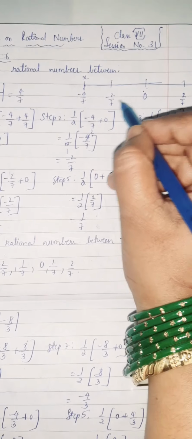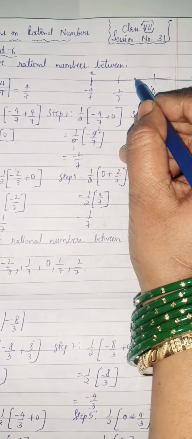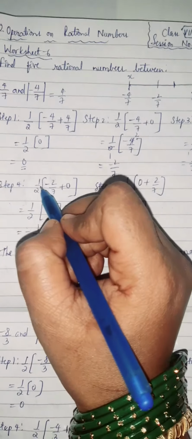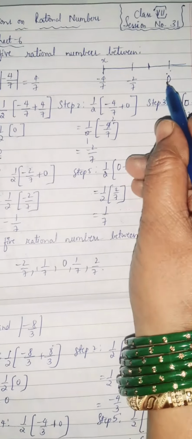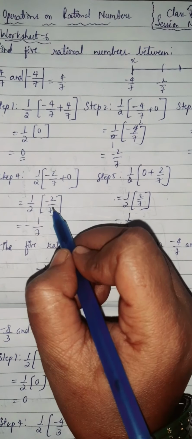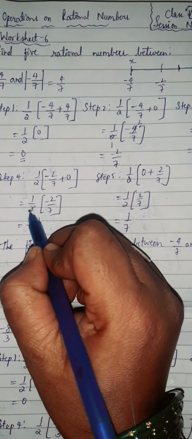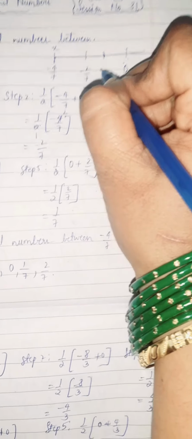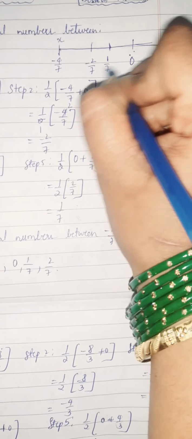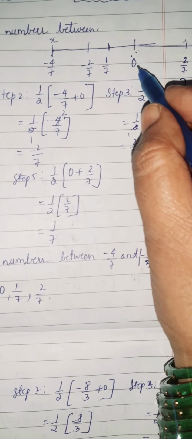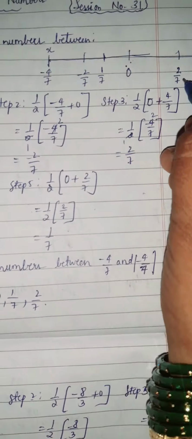Step number 4, we are going to find a rational number between minus 2 by 7 and 0. It will be exactly in the middle children. So we are going to divide, that is 1 by 2 into minus 2 by 7 plus 0. Answer is minus 2 by 7. 2 ones are 2, minus 1 by 7 is the rational number between these two rational numbers. The last step, number 5, 1 by 2 into 0 plus 2 by 7.